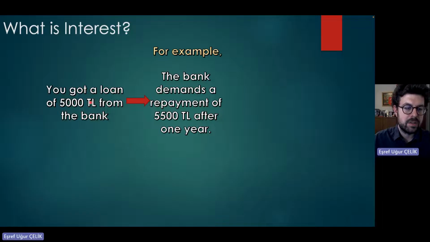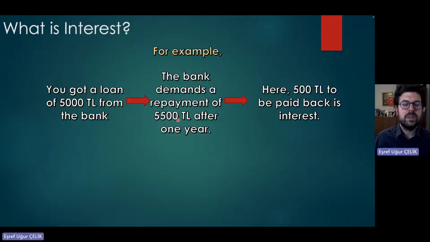You got 5,000 Turkish lira, and the repayment is 5,500. So the difference is 5,500 minus 5,000. So we paid 500 Turkish lira more, and that is called interest.